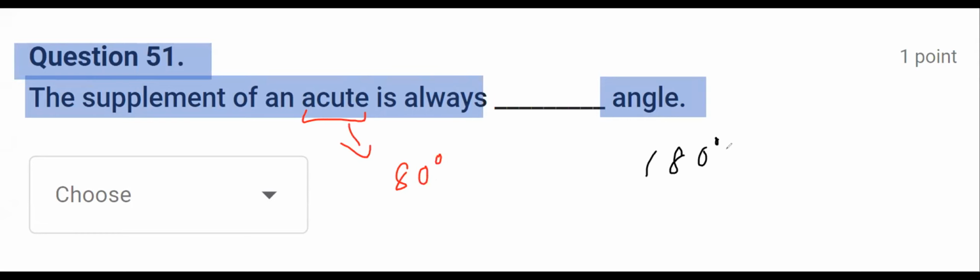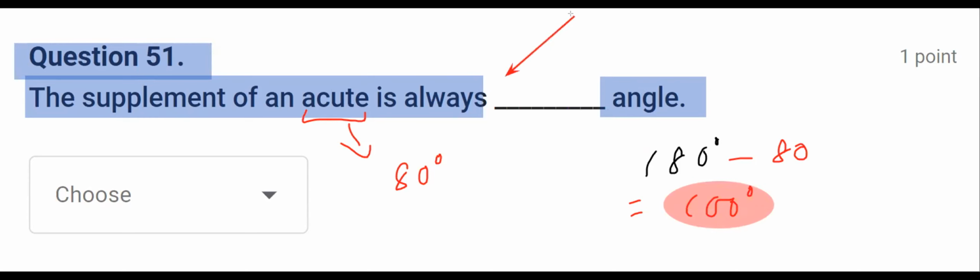Its supplement is found by subtracting the known angle from 180 degrees. So it's 180 minus 80, which comes out to be 100 degrees. As you can see, it is an obtuse angle. Whenever two angles are supplementary, if one is acute, the other has to be obtuse and vice versa. If the known angle is obtuse, then its supplement will be acute.